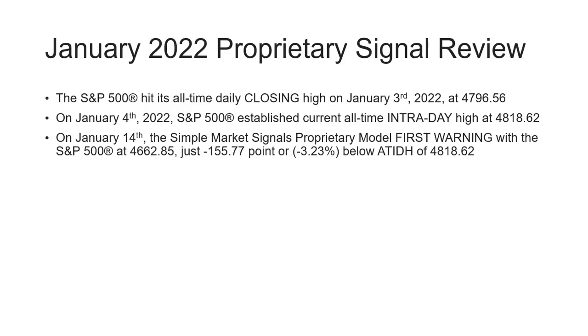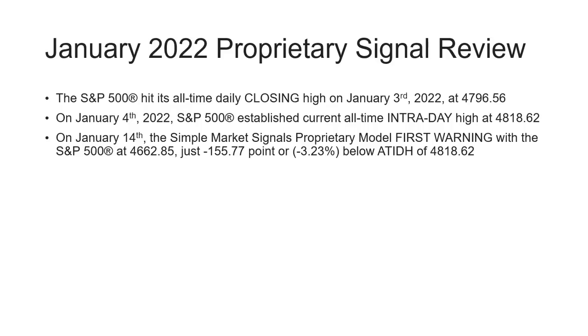Now, on January 14th, just 10 calendar days after the all-time intraday high on the S&P 500, the Simple Market Signals proprietary model, Simple Market Signals is my model, the very first warning came out with the S&P 500 at 4662.85. That's the very first warning from the model, right, that things were starting to turn and it looked like things might be changing.